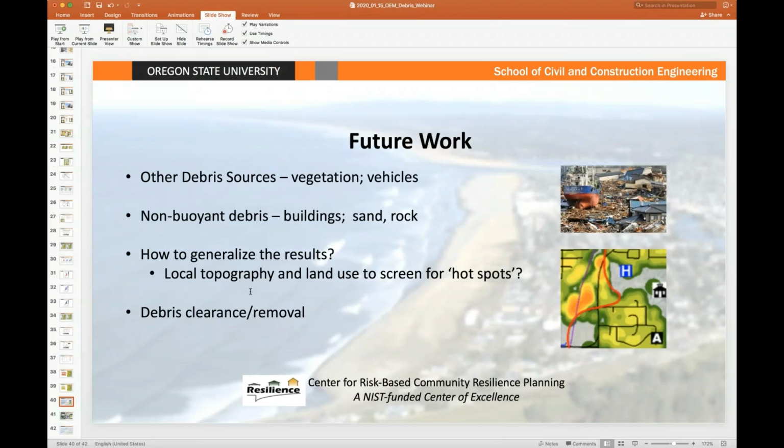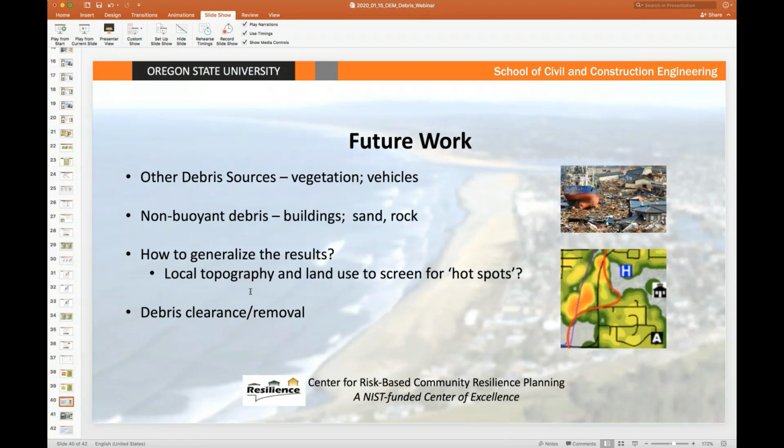If they had a HAZUS result and then wanted to figure out where the debris gets pushed to, we've got to work to generalize it. I know that was a little bit of a non-answer, but these tools aren't readily available for a community other than the HAZUS forecasting tool that gives you a total volume.